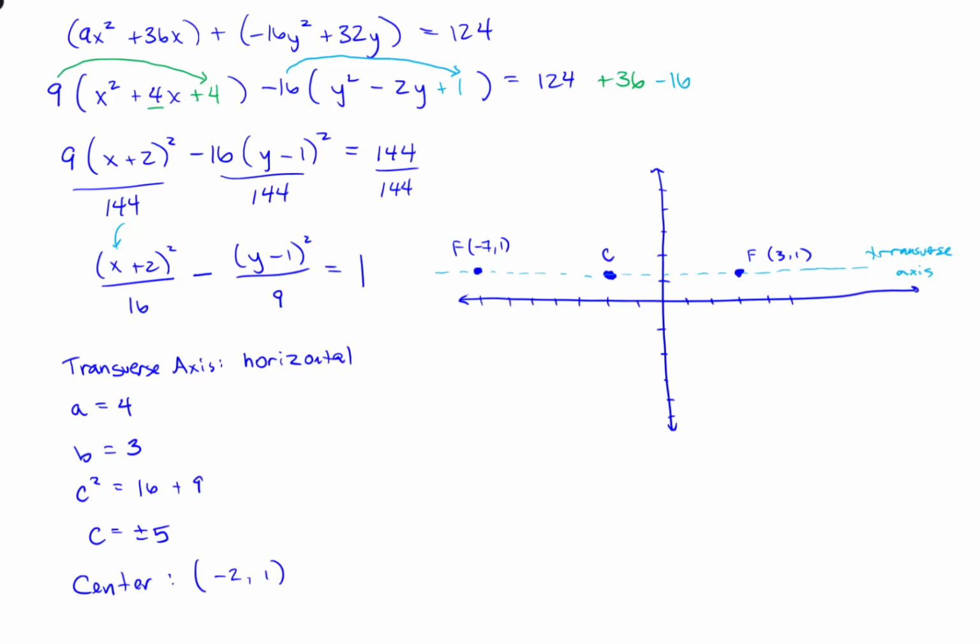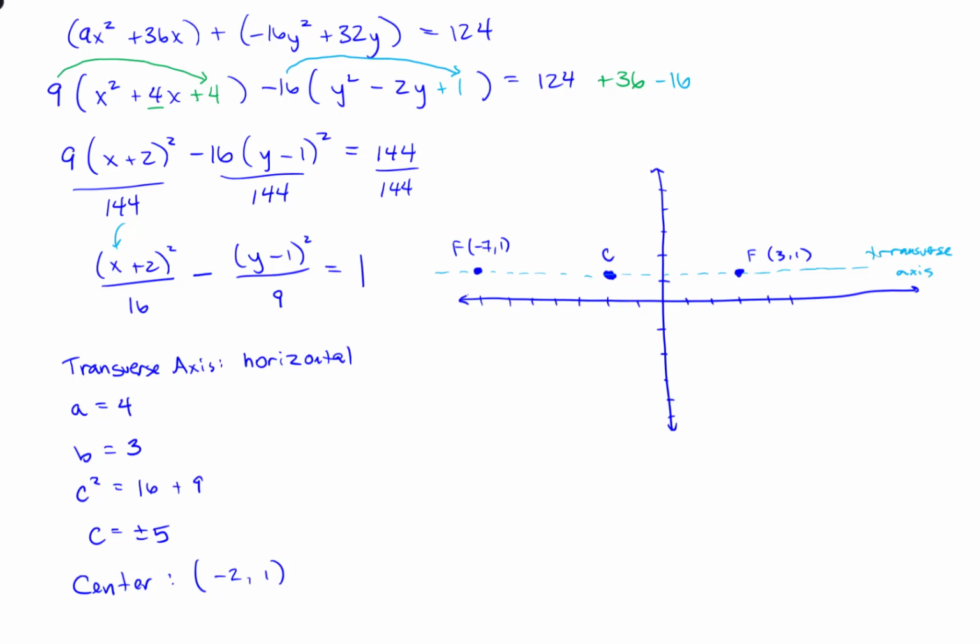Now, here's another thing that can be tricky, but there's an easy way of determining. Sometimes A is smaller than B, and sometimes A is larger than B. So you're not always guaranteed which value is actually A and which one's B. But it's always true that the value A is under the first variable.